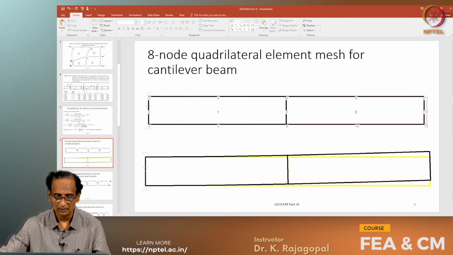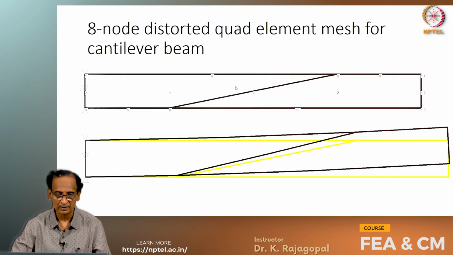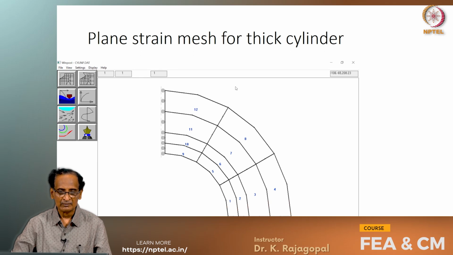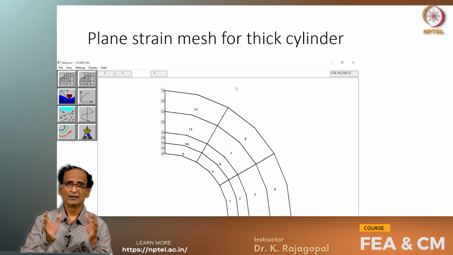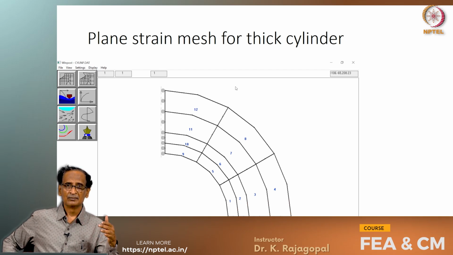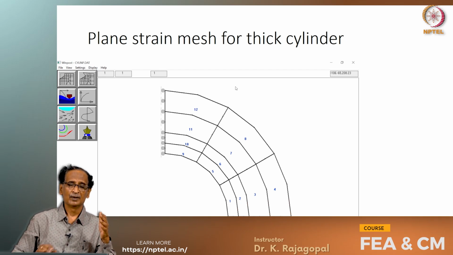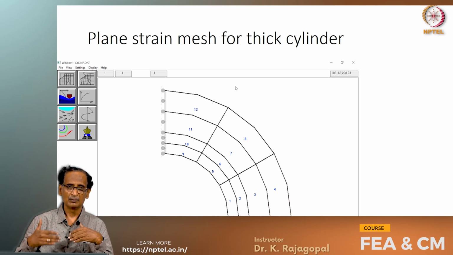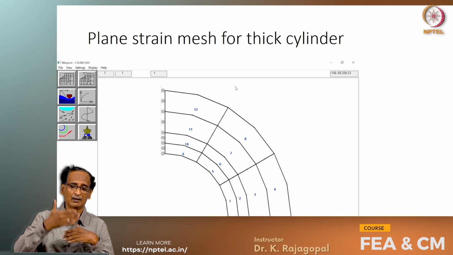Okay. So, now let me just show you quickly two other things. Imagine that you have a thick cylinder subjected to internal pressure, and in one of the classes before we have seen that there can be two different models. One is a plane strain model by taking a section across the length.